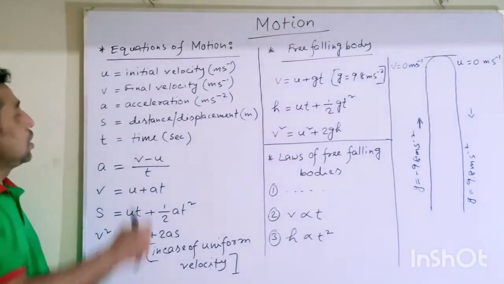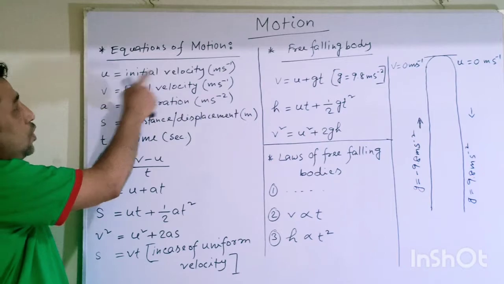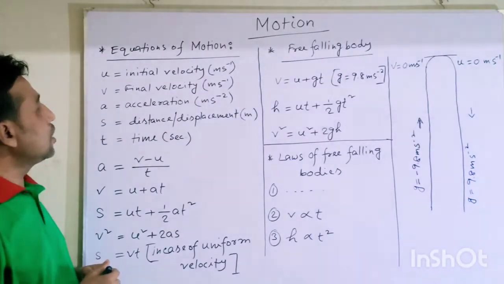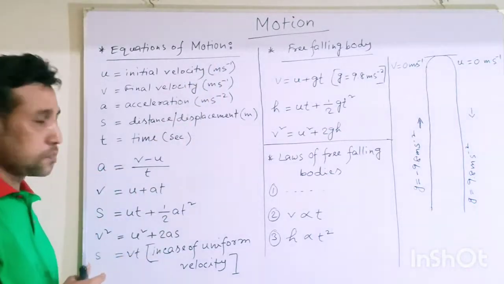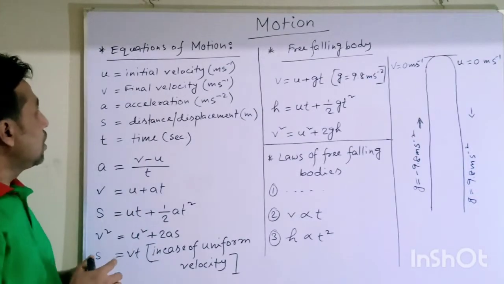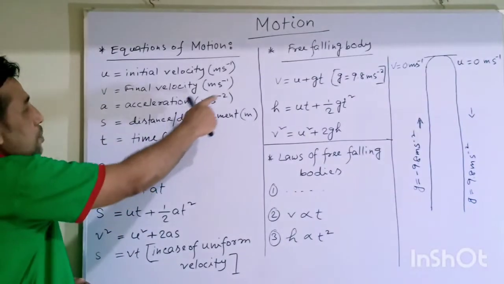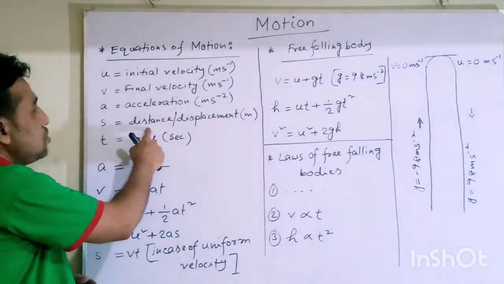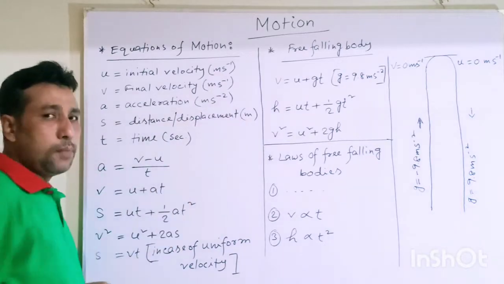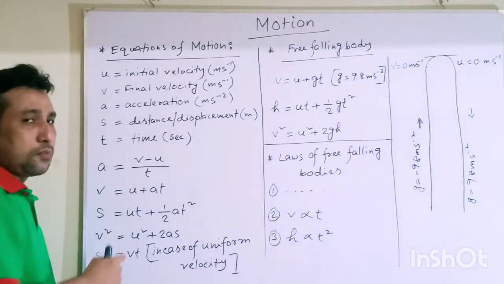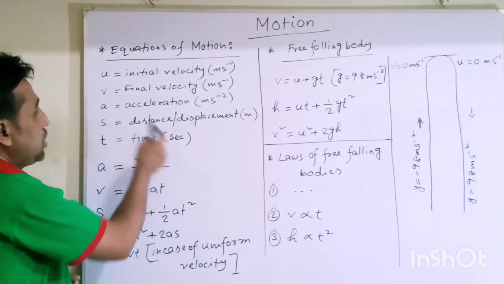Here you see, U denotes the initial velocity, and the unit of U is meter per second. V denotes final velocity, meter per second. A is acceleration, meter per second square. S is distance or displacement, measured in meter. And T is the time taken by the object, measured in second.